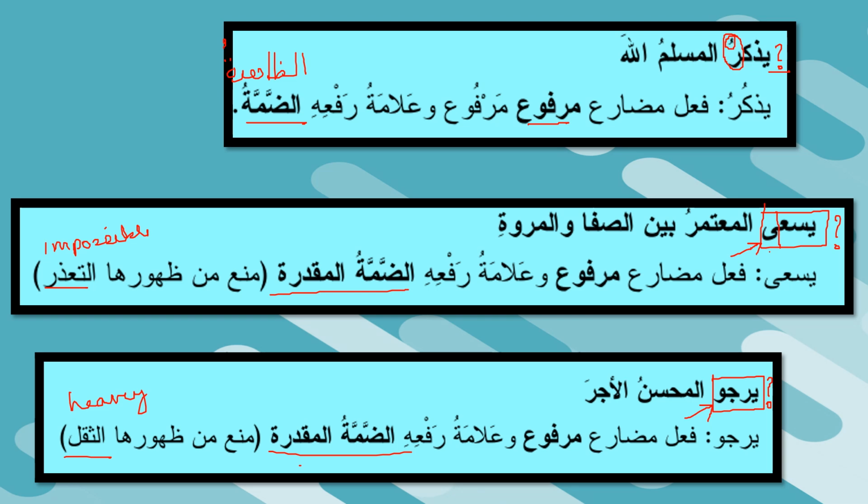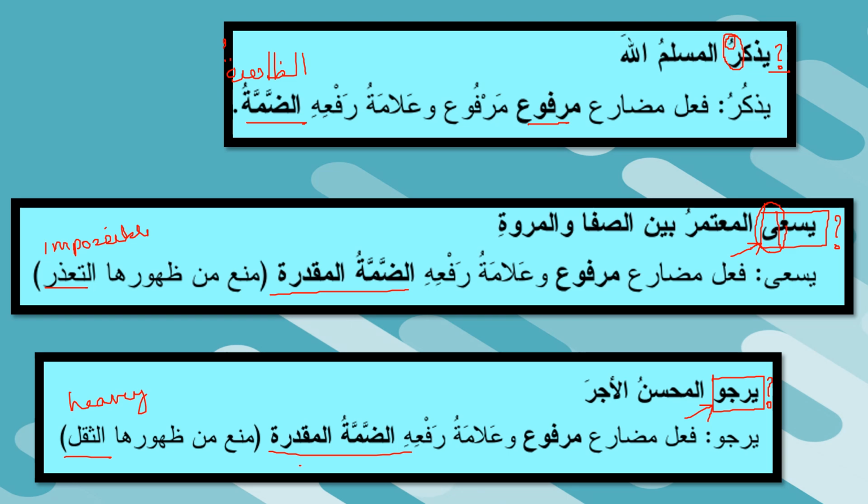Now, the second most important thing I want to introduce here is the ta'azzur and thaql. Ta'azzur means impossible. And why? Because as I told you, this letter alif makhsura will not tolerate any haraka over it at any time, in any position in the sentence.